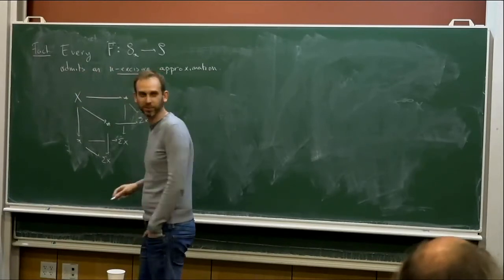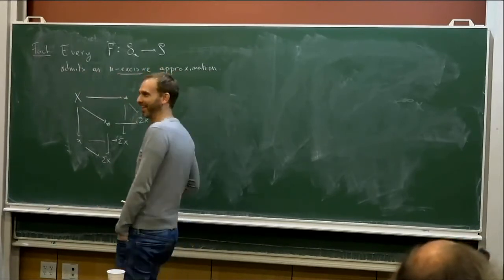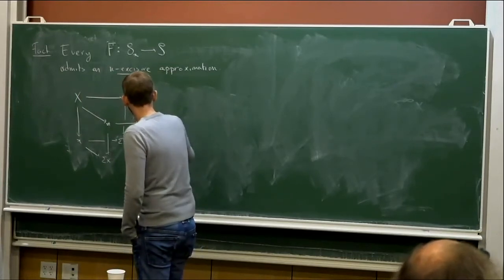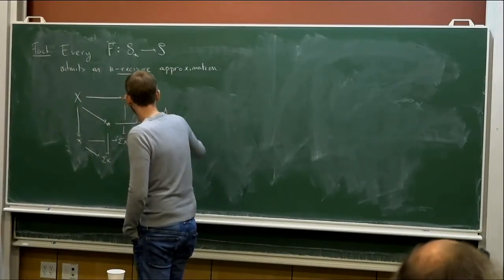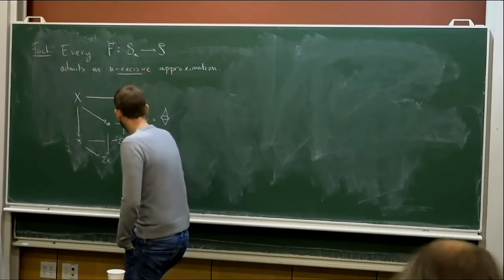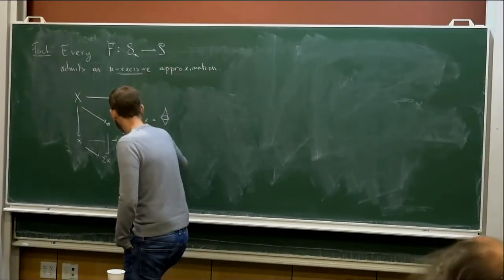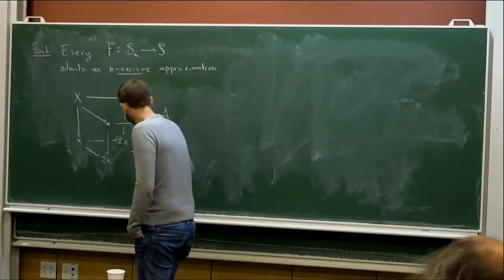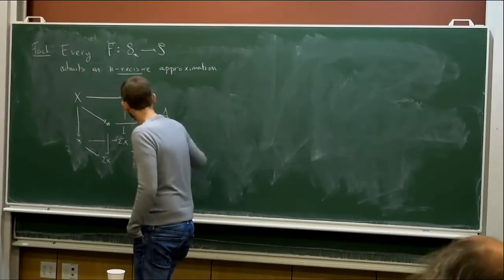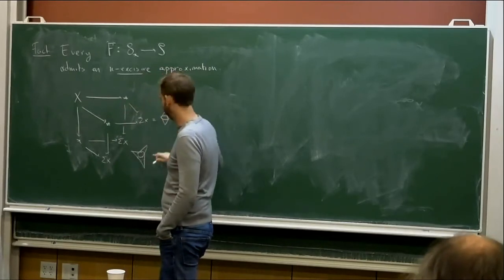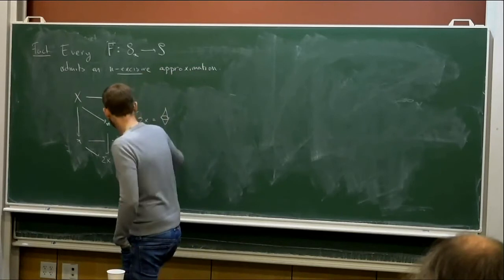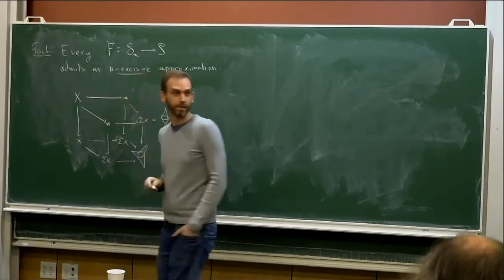So I'll draw a picture of it. If suspension x looks like this, then this thing here looks like this. It's x with not 2 cones glued to it, but 3 cones glued to it. I'll let you figure it out.